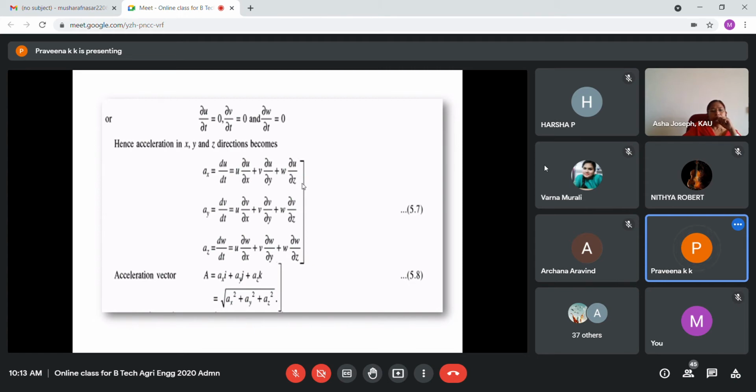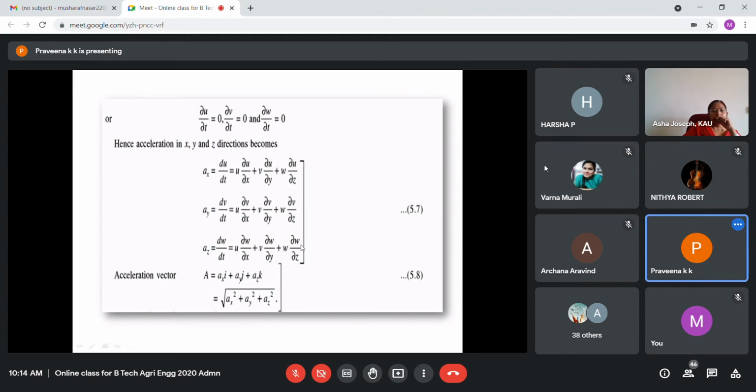So like that we can write the other acceleration components also, like this: ay equal to u into dou v by dou x plus v into dou v by dou y plus w into dou v by dou z. Similarly, we can write the az expression also.